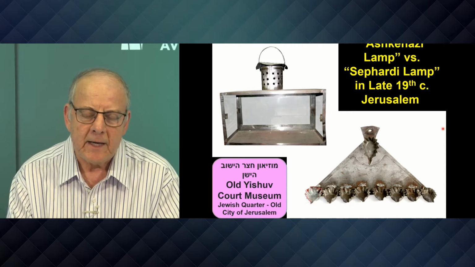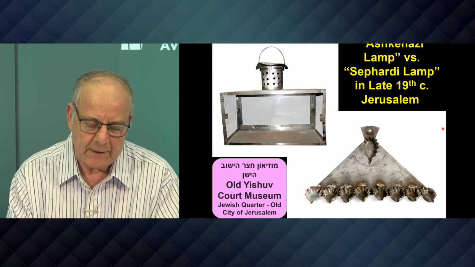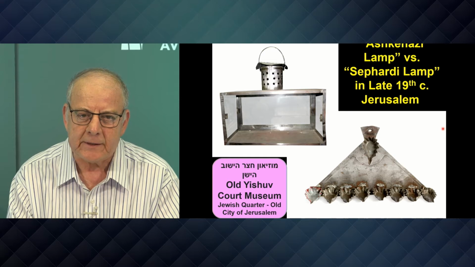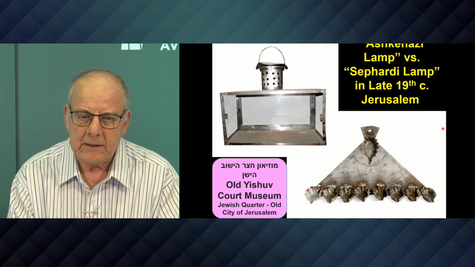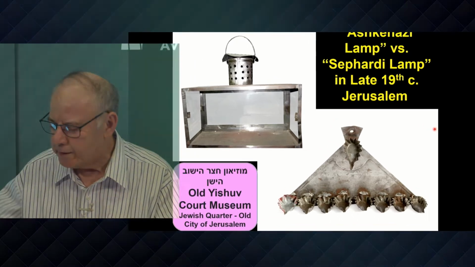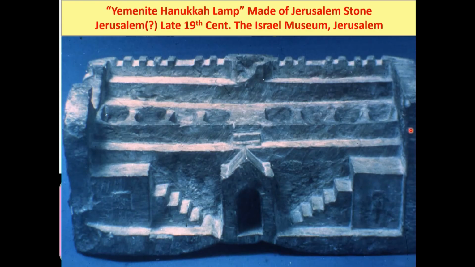And the bottom one, remember, is almost similar to the one that we saw last week from medieval Spain. This tradition of a triangular background was still common in some of the communities, and it's definitely also from the method it's done and so on. It's a Sephardi one.